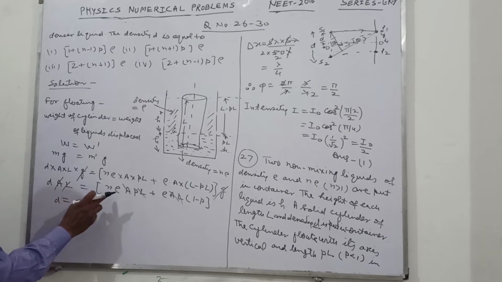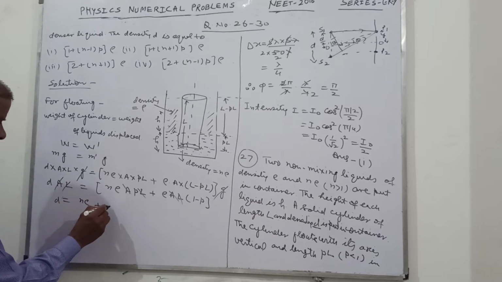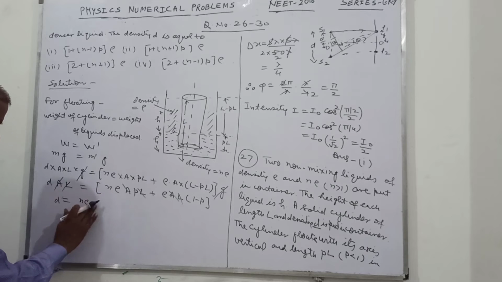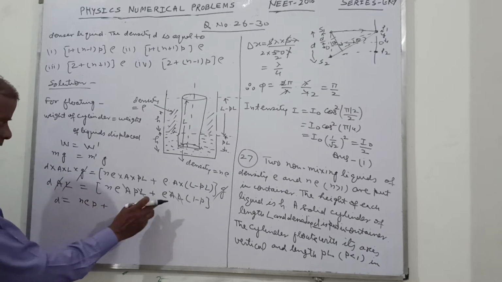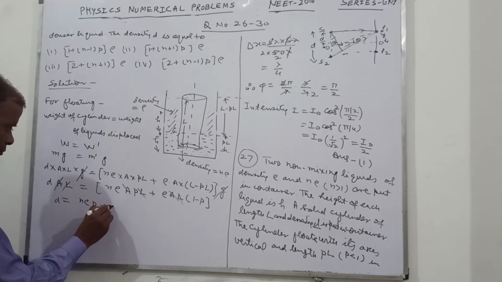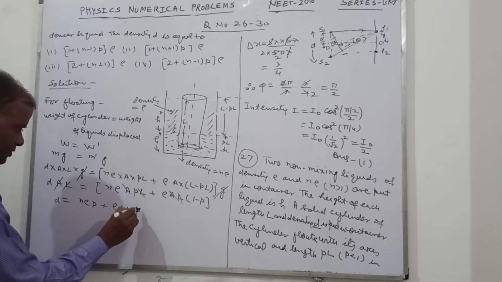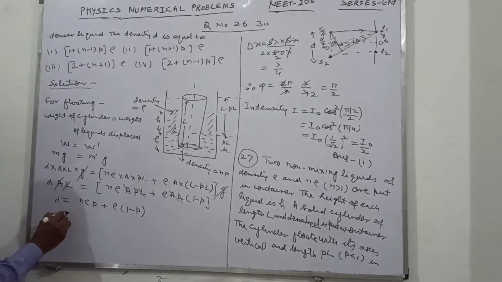So D equal to n rho P plus rho into 1 minus P. This is now left. So what we are having this?